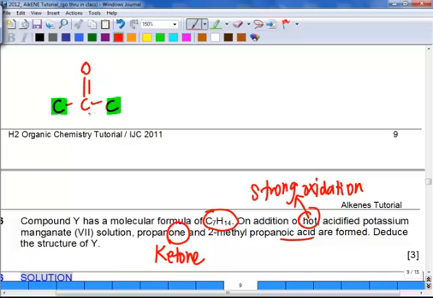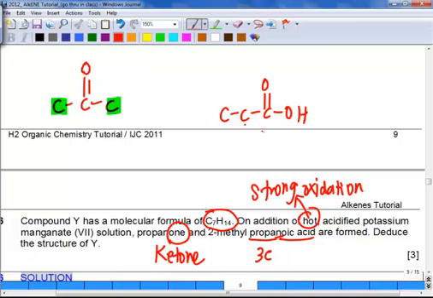Then for 2-methyl propanoic acid. Propanoic acid again has 3 carbon. So 1, 2, 3. Agree? And 2-methyl, so at the center is definitely carbon 2. But propanoic acid, so on one of the carbon, I didn't add any carbon. I just put on a double bond OH. So over here, carboxylic acid will take 3 or 1.